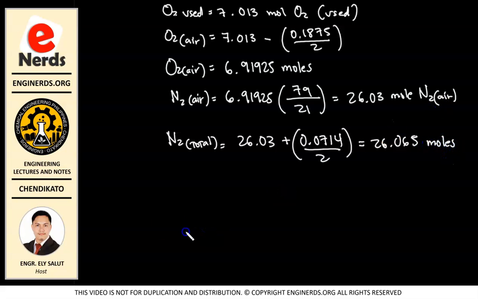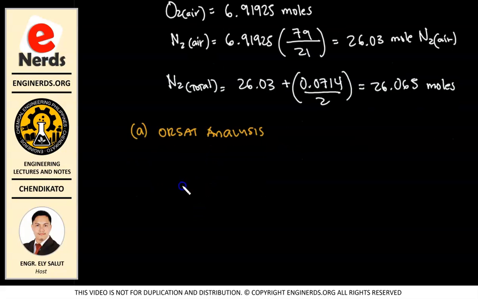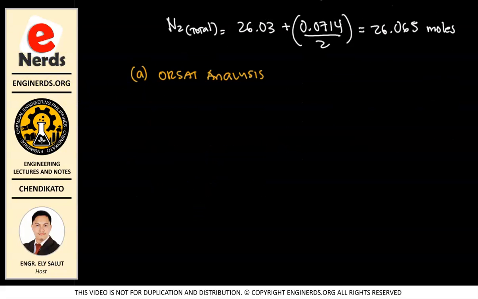All right, so now we can start solving for our required. First, we need to determine the ORSAT analysis. When solving for the ORSAT analysis, we first need to determine which gases are present in our exhaust, the number of moles of each of these gases, and the percentage of each one.